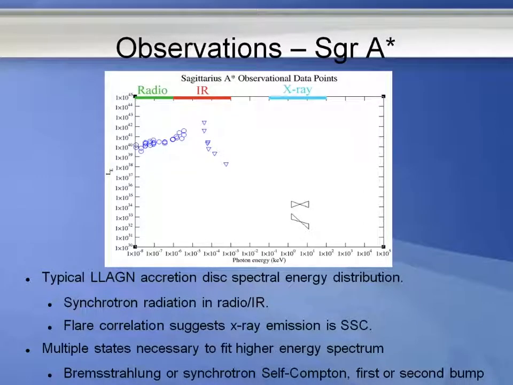So at one point, the spectrum for Sagittarius A Star went straight through this upper bow tie with kind of a flat slope there. And then at a quiescent state, sometime later on, it went through this lower bow tie with more of a sharply peaked slope at that point.